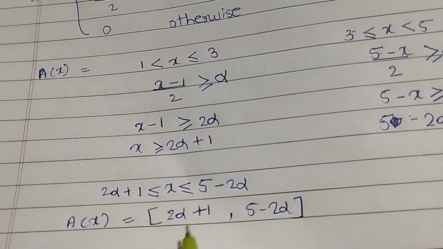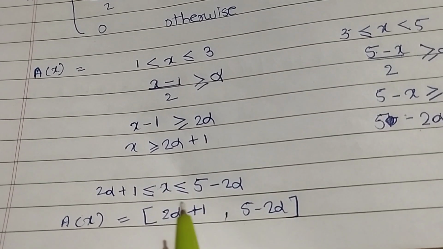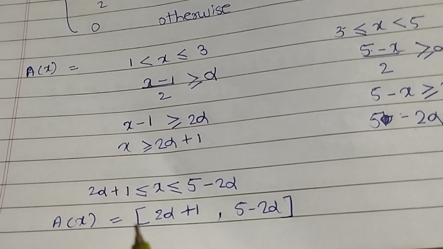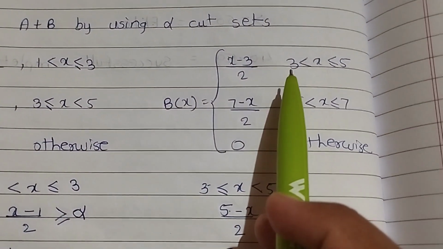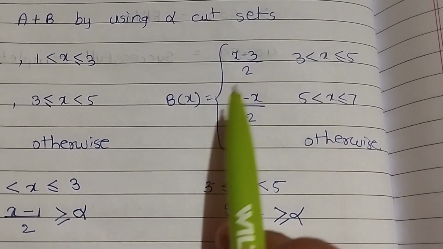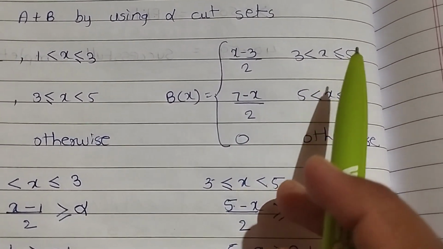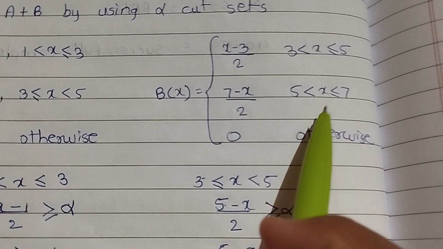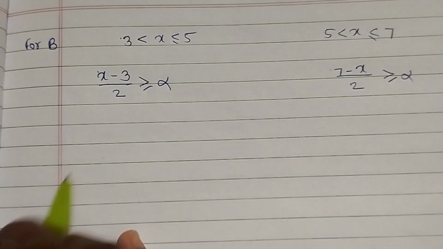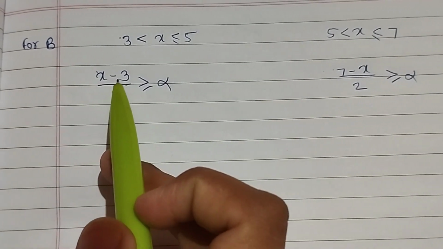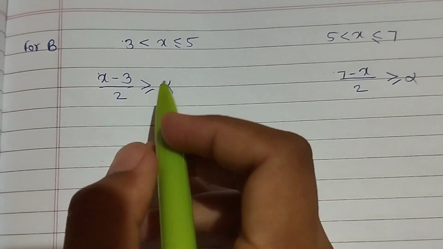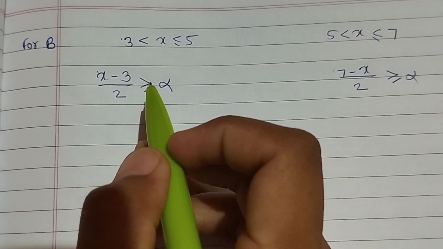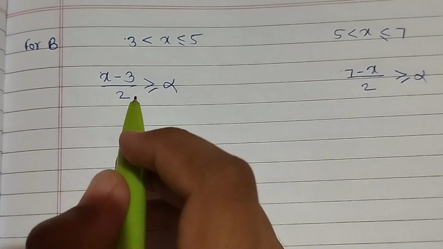Now we follow the same process to find the interval of b. So the conditions for b are 3 is smaller than x smaller than or equal to 5, and 5 is smaller than x smaller than or equal to 7. So these are the conditions of b. And again we know alpha is greater than or equal to b of x.